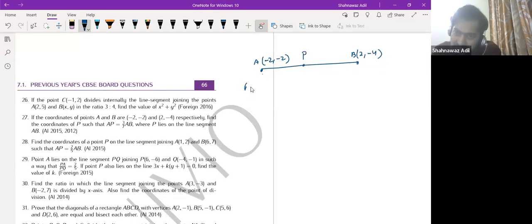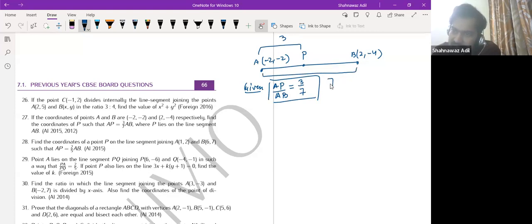They have given that AP by AB is 3 by 7. So they have taken this AB here, which means they have given AP, which is 3, and the whole, which is 7. So this would be 4. Now we have M, which is 3, N, which is 4, and we have to find out this coordinate. Then you can calculate.